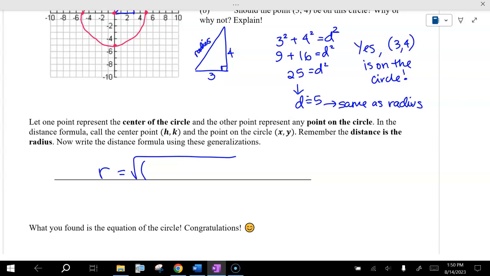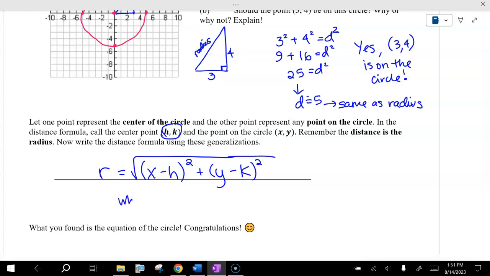I want to point out, when you are talking about the center of the circle, you typically denote that as the point h, k, and then any point on the circle to be x, y. And so here we have the formula for the radius, which is considered the formula for the equation of a circle. So we have the radius equals the square root of x minus h squared plus y minus k squared.